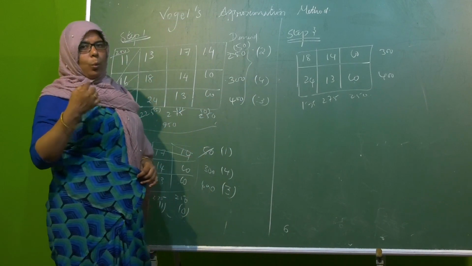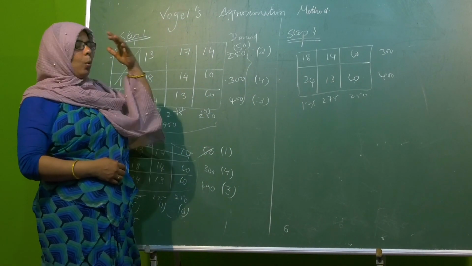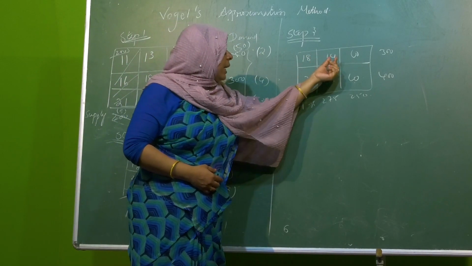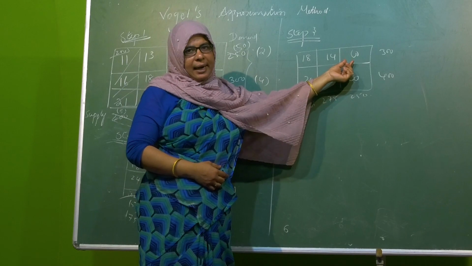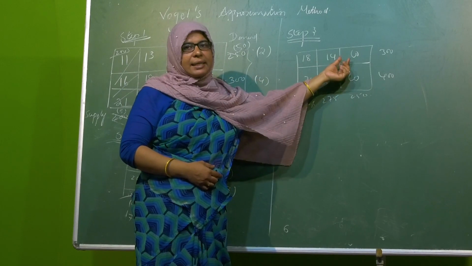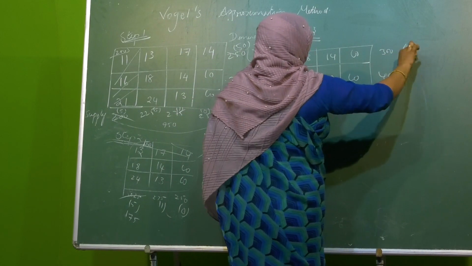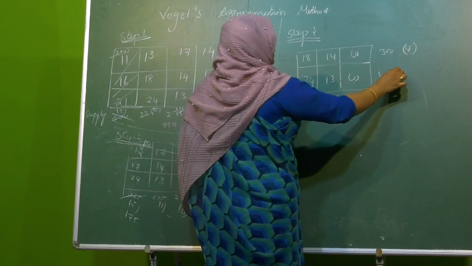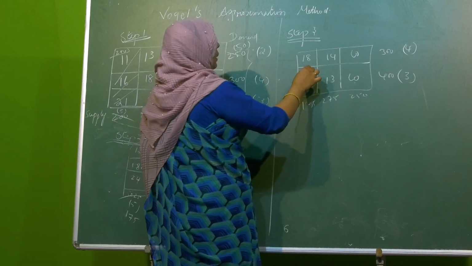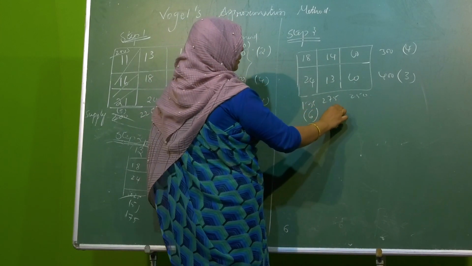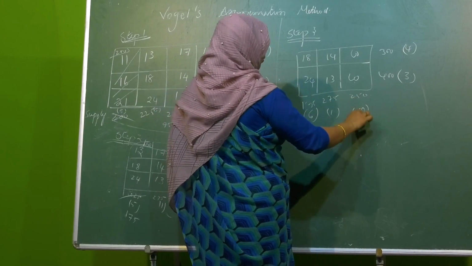Likewise we did in the previous steps. What we have done: 14 minus 10, that is the difference between the least element and the next least element, is 4. 13 minus 10, 3. 24 minus 18, 6. 14 minus 13, 1 and 0.